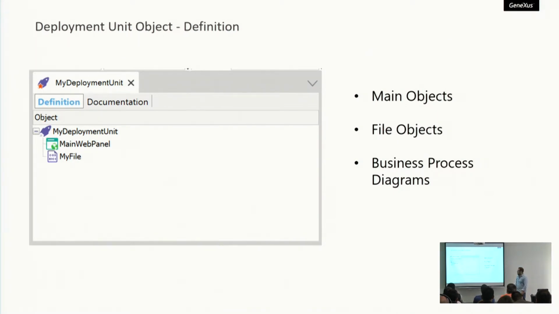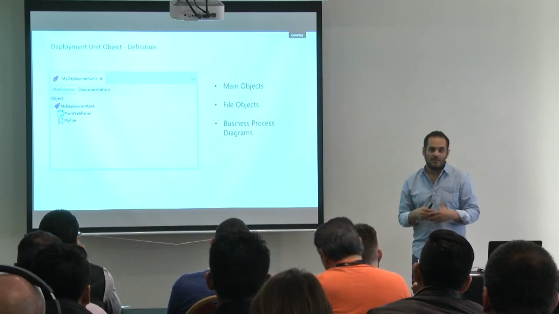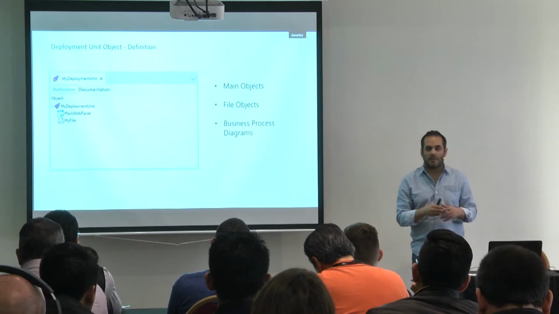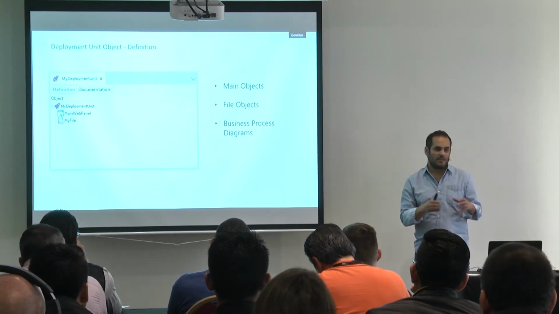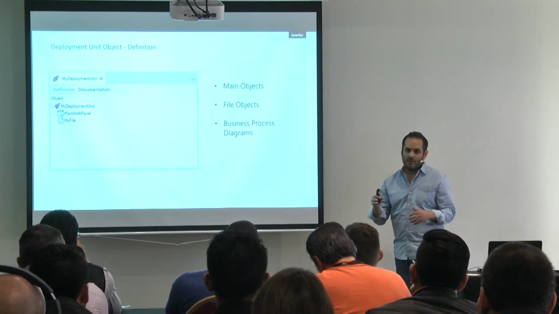What we're going to do is list the objects that we want to deploy together. This is a deployment unit. In our KB, we're going to have many objects or even many applications, or we may have different components that may be deployed differently.